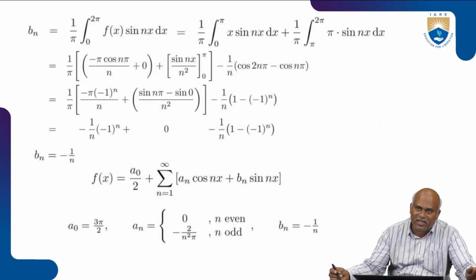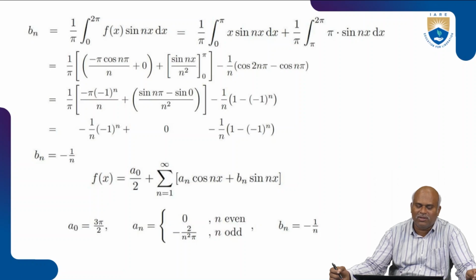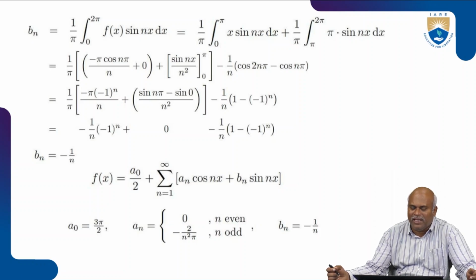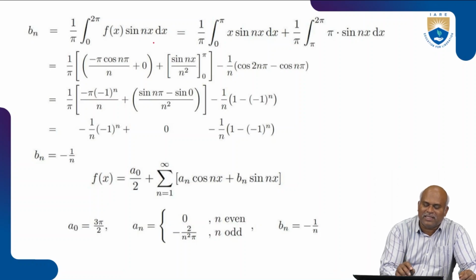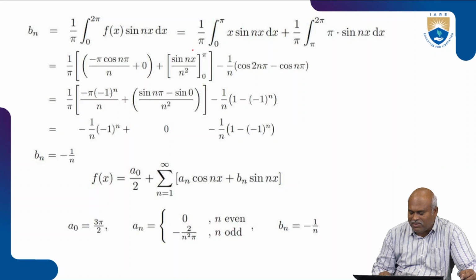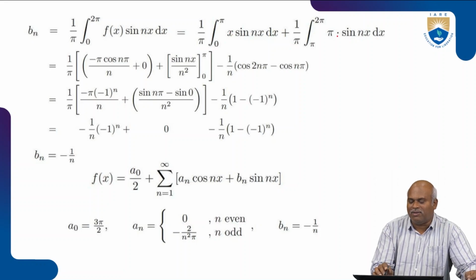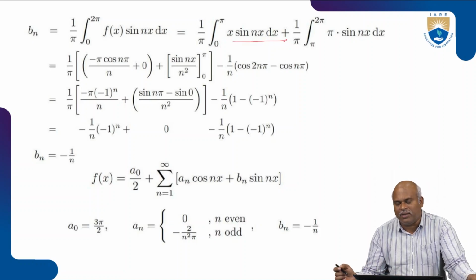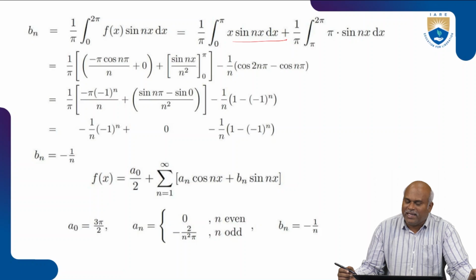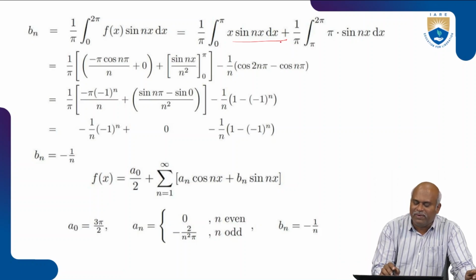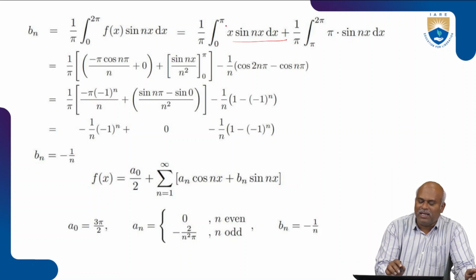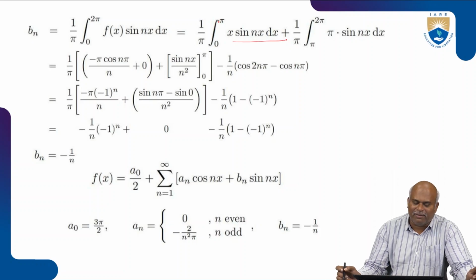Next, the second Fourier series coefficient b of n is equal to, as per the formula, 1 by pi integration from 0 to 2 pi of f of x sin nx dx. We need to substitute the values we received from the sum. First is x, another one is a pi. We make use of the UV integration method to simplify the equation and substitute the intervals.